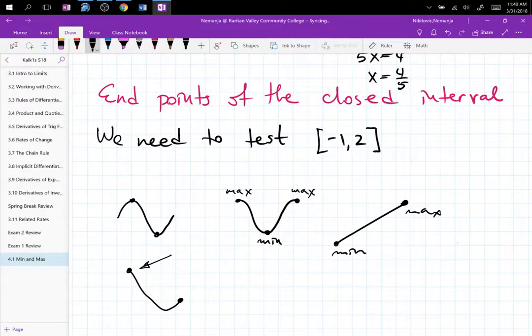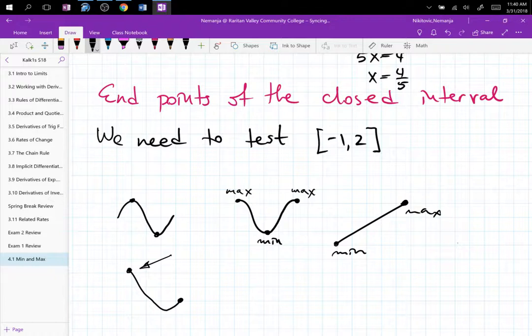Because for the sine, endpoints are relative min, relative max. Absolute ones are inside. But for cosine on the restricted domain, you have absolute max values at the endpoints and the absolute min somewhere inside. Over here again at the endpoints. So it depends on the function.